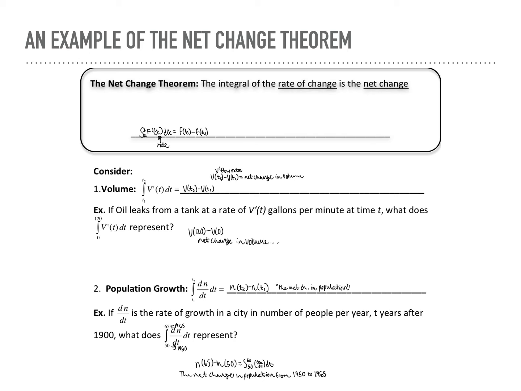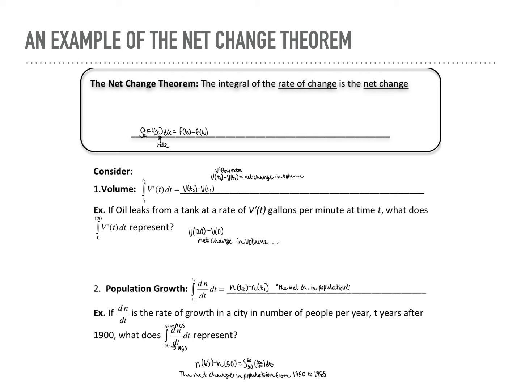In population growth, like the integral from t1 to t2 of dn over dt, the difference of the antiderivative equals the net change in population. So another example: if dn over dt is the rate of growth of a city in number of people per year, t years after 1900, what does the integral from 50 to 65 of dn over dt represent?